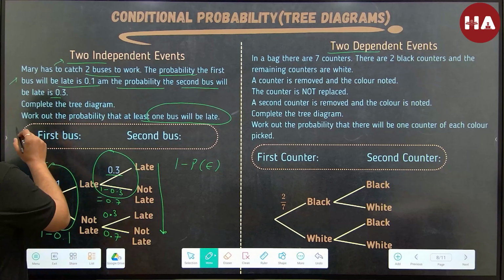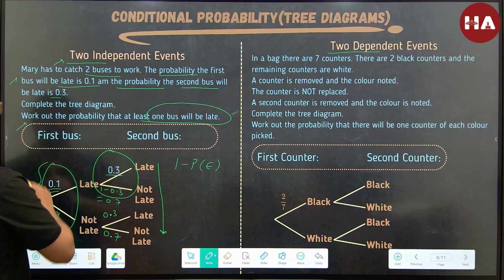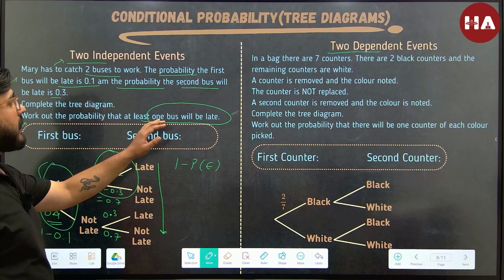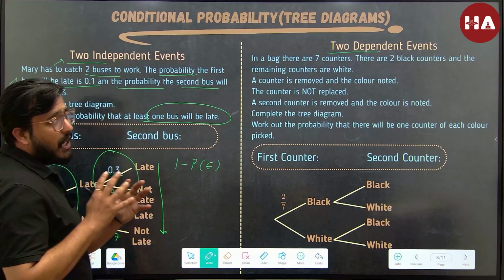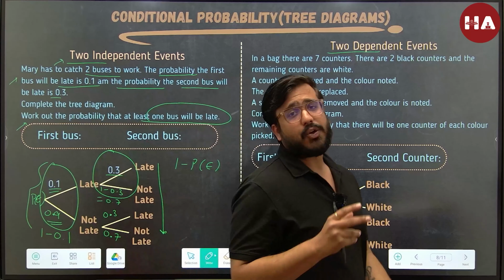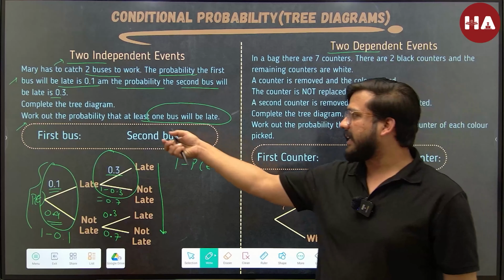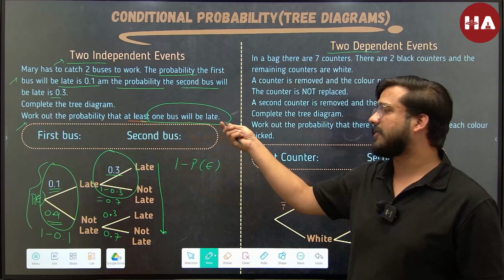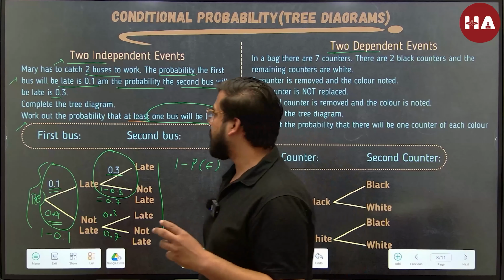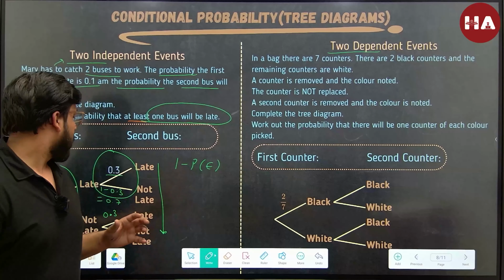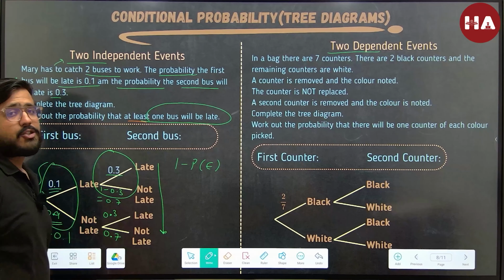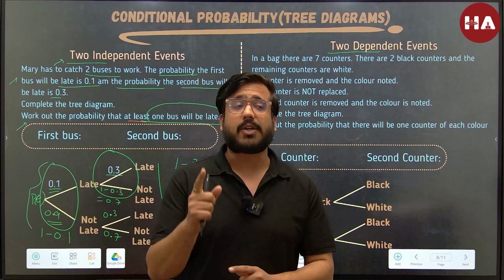Now the tree diagram is complete. I have to work out the probability that at least one bus will be late. How to play it smartly: it is asking at least one bus will be late. So if both the buses are not late, that probability will be excluded.